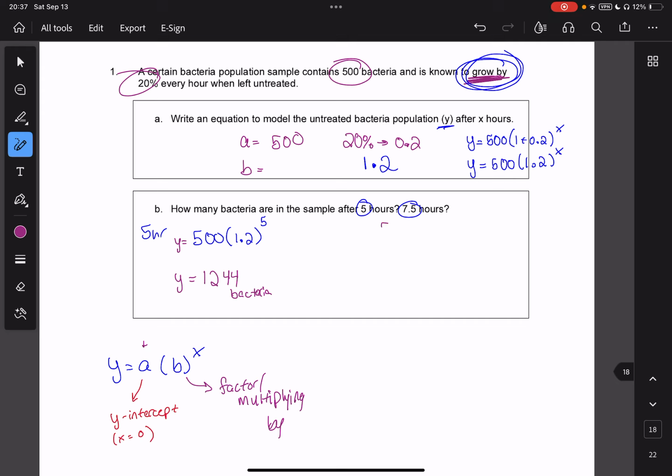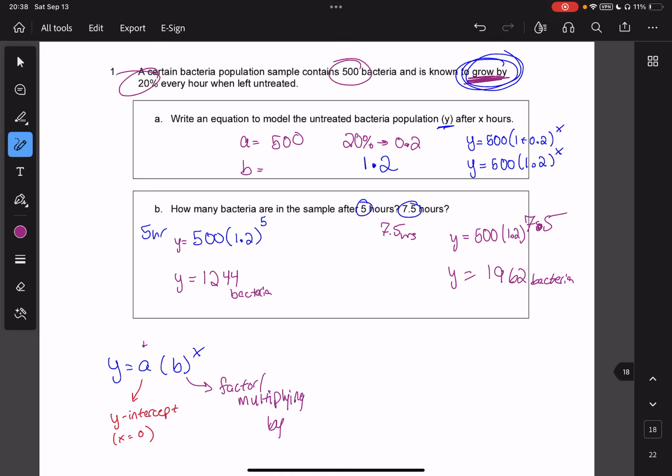So if we're going to do 7.5 hours, we do y is equal to 500 times 1.2 to the 7.5. And when you put that into your calculator, you should get 1,962 bacteria. And this is after 7.5 hours. And that's it. That's our prerequisite number 10. That's pretty straightforward.